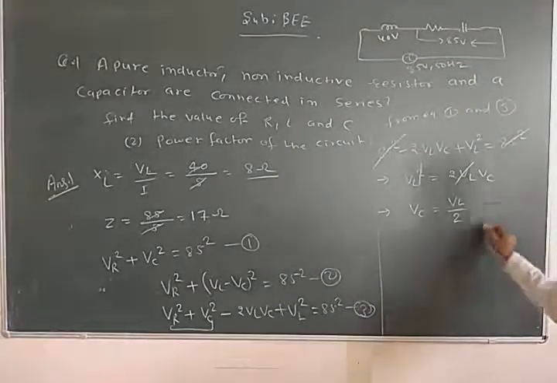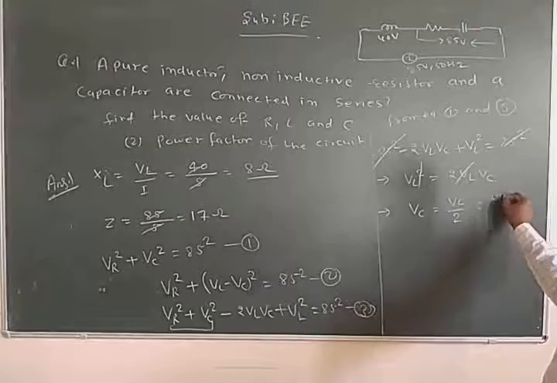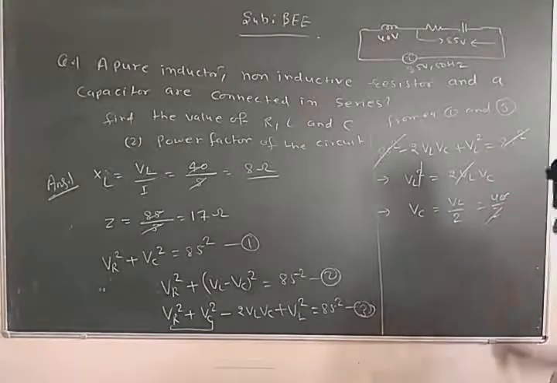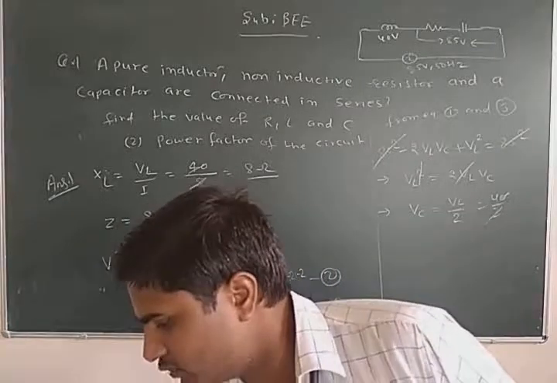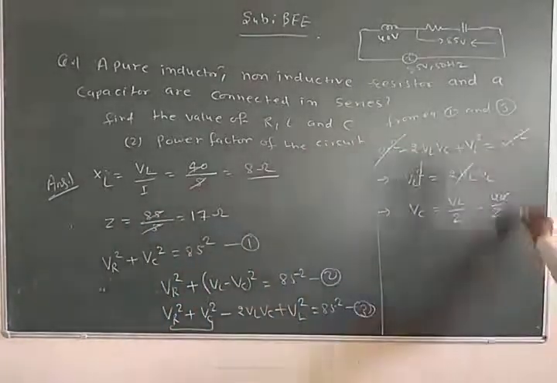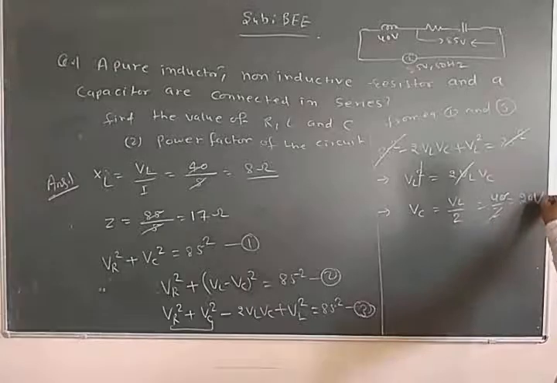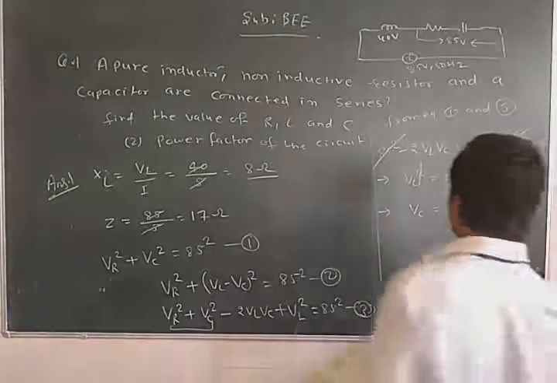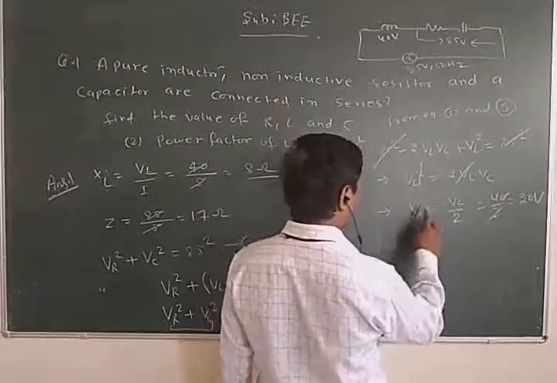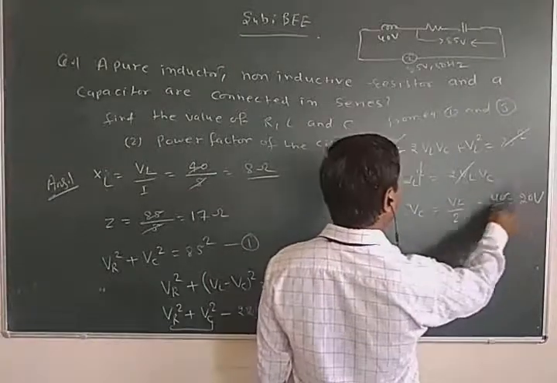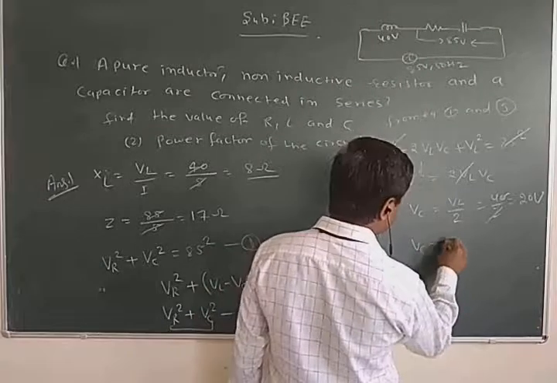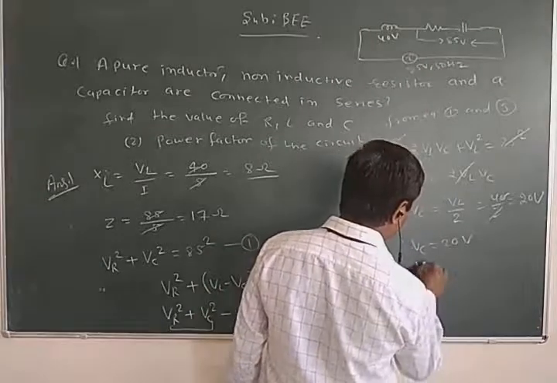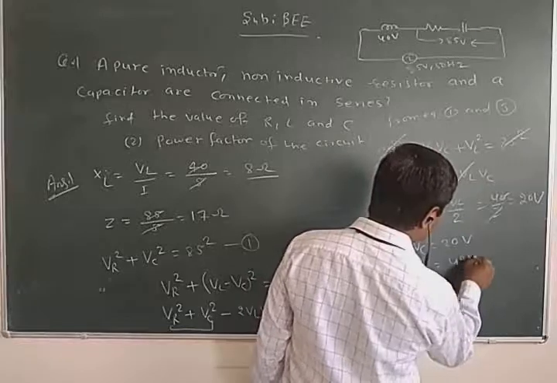So VC becomes 40 divided by 2, that is equal to 20 volt. So the value of VC is equal to 20 volt, and VL is equal to 40 volt.